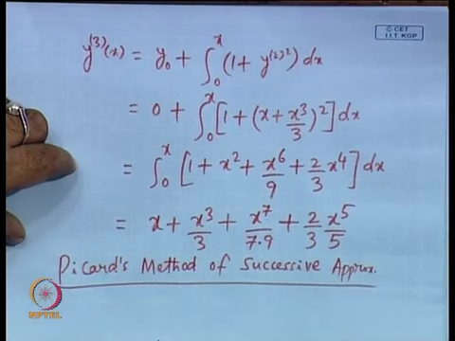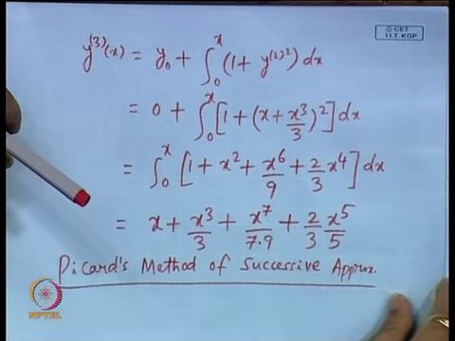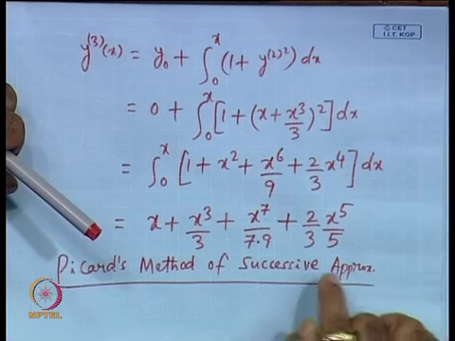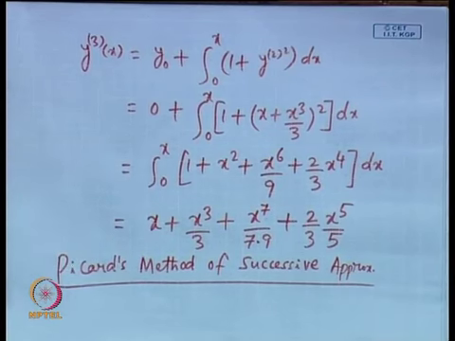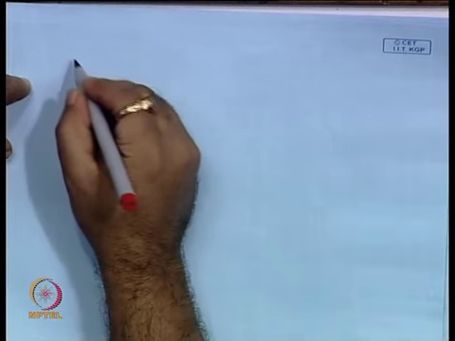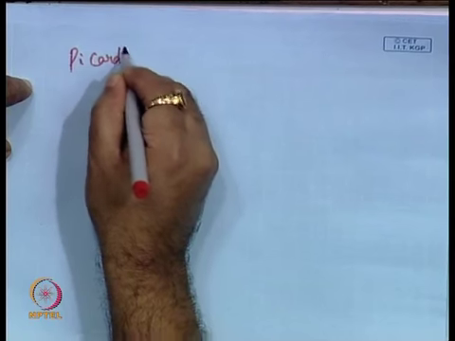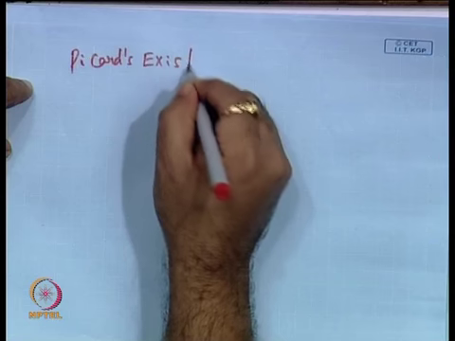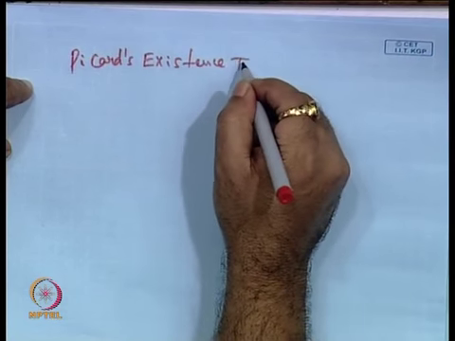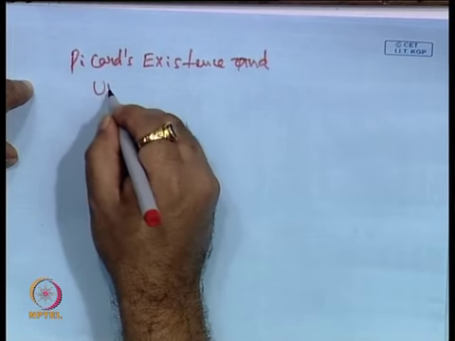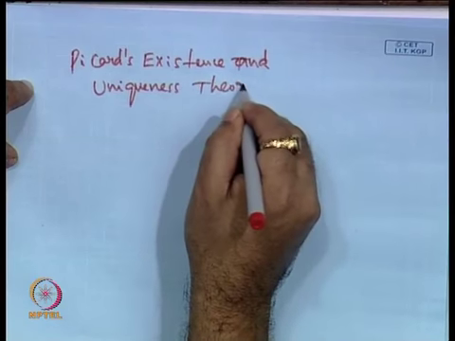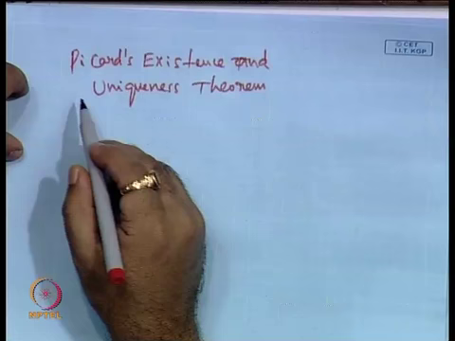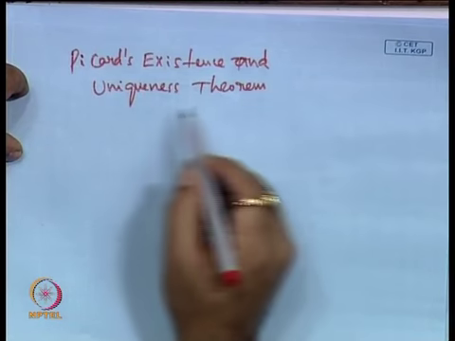Now the next question comes: who would ensure that the method gives solutions which converge to the exact solution? That is Picard's existence and uniqueness theorem. It ensures the convergence of the solution.